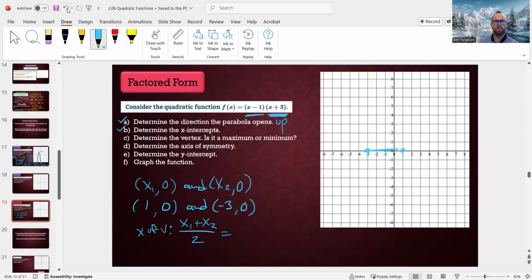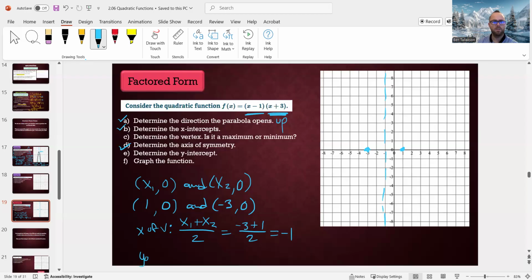Where's the middle there? So we have negative 3 plus positive 1, so I don't need parentheses there, over 2. Negative 3 plus 1 is negative 2, so this is negative 1. So that also tells me the axis of symmetry. So D is done.